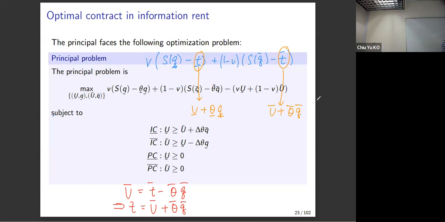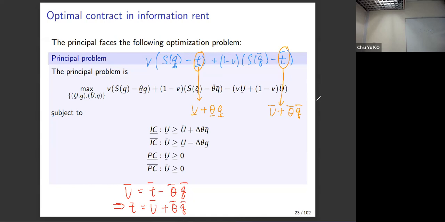So you just put this in here and put this in here, right? So what you get is what here? This, right, is expected social surplus.